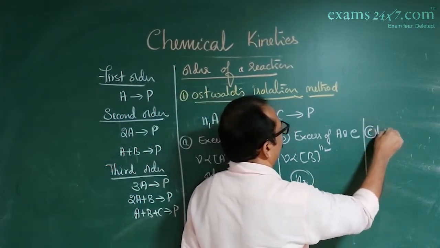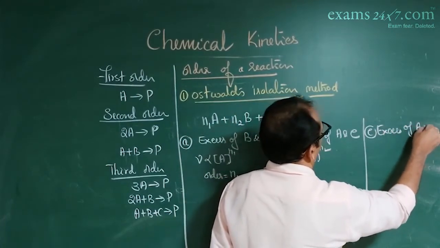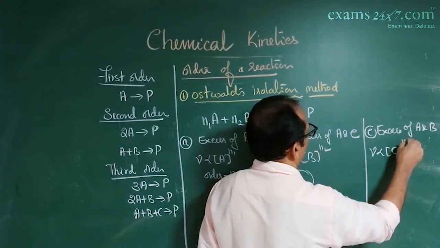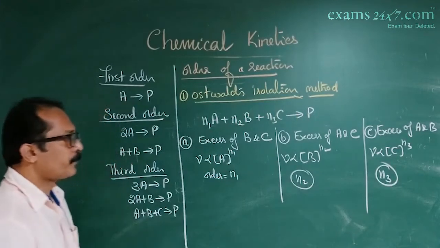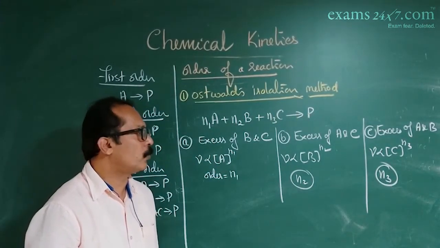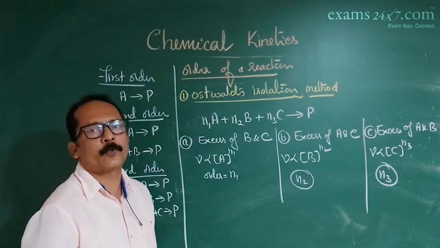Third condition, if the reaction is carried out using excess of A and B, rate is proportional to C to the power n3. So the order of the reaction is n3. So the overall order of the reaction is n1 plus n2 plus n3. So this is about Ostwald's isolation method.